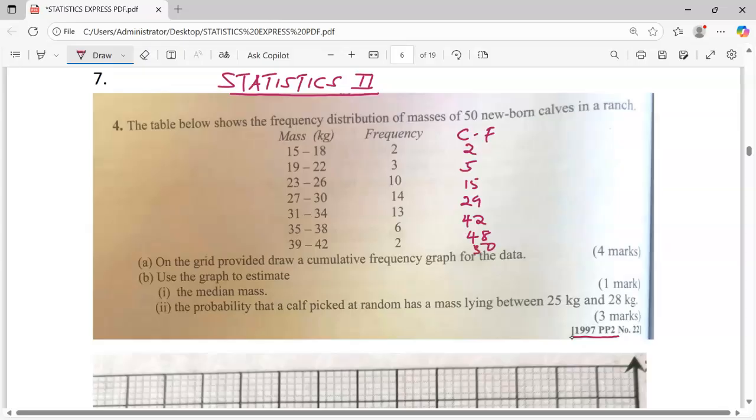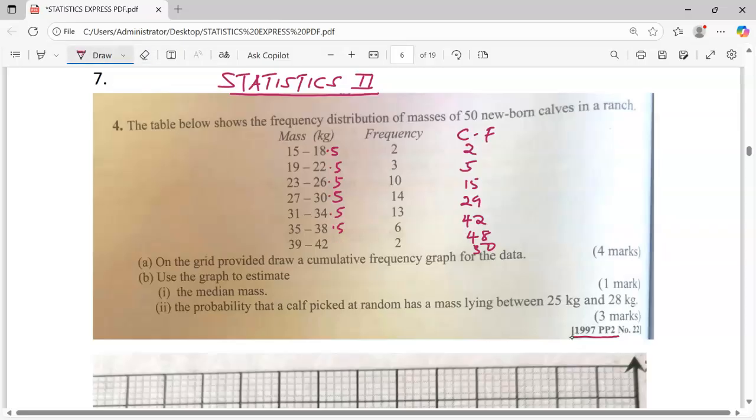After getting the cumulative frequency column, we need the upper class limits. For the class between 15 to 18, the upper limit will be 18.5. Then the second one will be 22.5, 26.5, 30.5, 34.5, 38.5, and lastly 42.5.